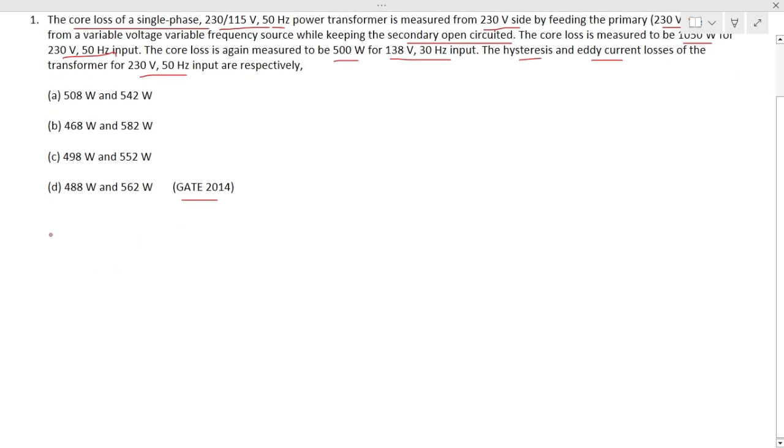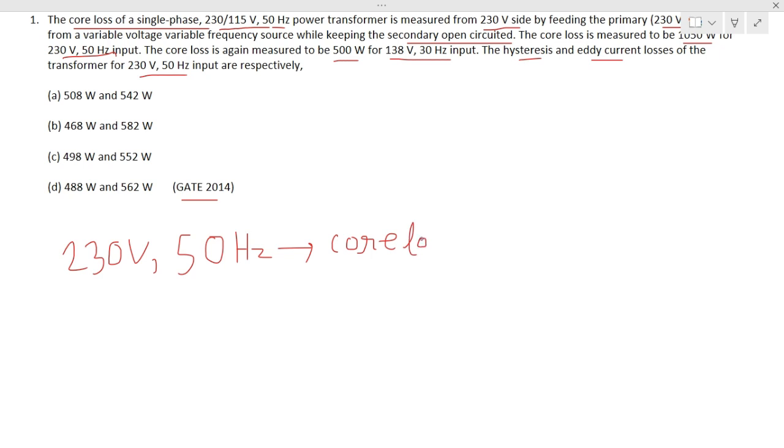From the question we can write the given data: 230 volt, 50 hertz, and the core loss is 1050 watt.